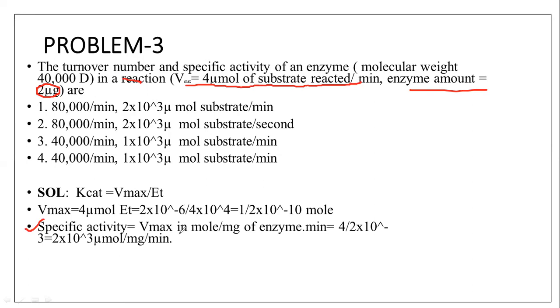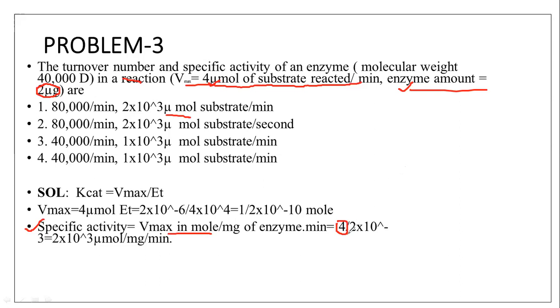To convert Vmax in moles, as here the question paper and option are given in micromoles, so we are just keeping it in micromoles. So it will be 4 micromoles, already given. So 4 micromoles are put here, and the amount of enzyme, 2 microgram, we can convert into milligram. Microgram to milligram is 10 to the power minus 3.